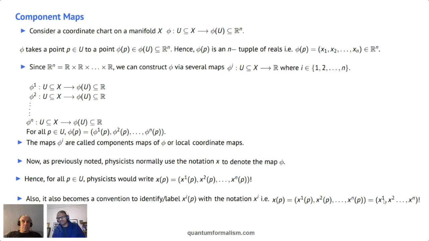And then obviously they label it x^1, x^2, and so on. This is just for you to be aware. We will not be doing this because we are mostly working in the abstract. But in a lot of books in differential geometry, especially the ones tailored to physicists, you have to overcome these notational annoyances that they introduce.